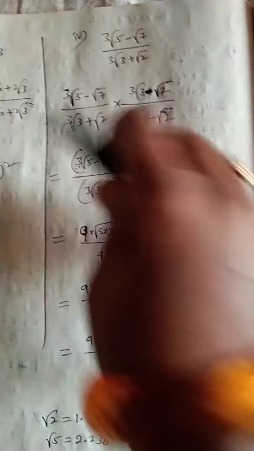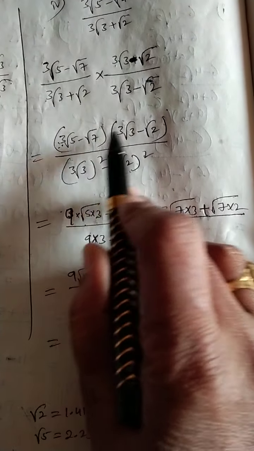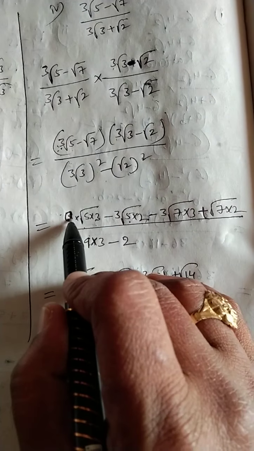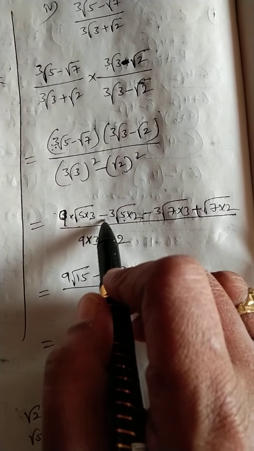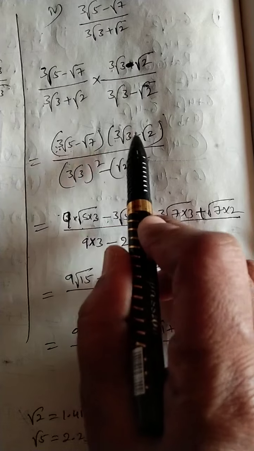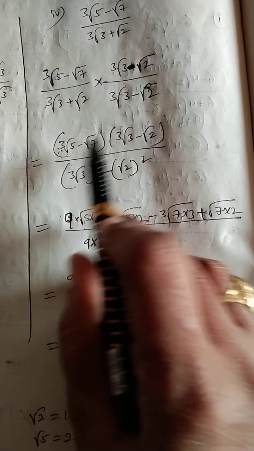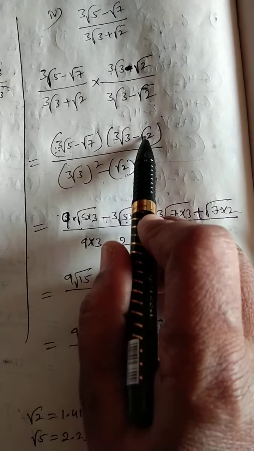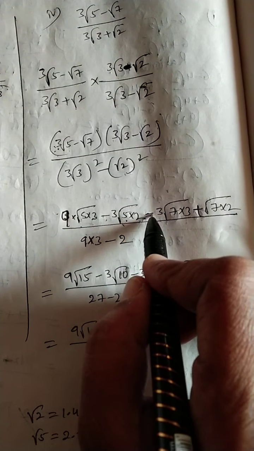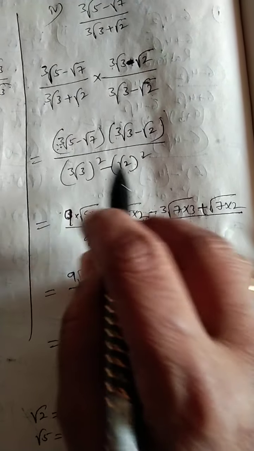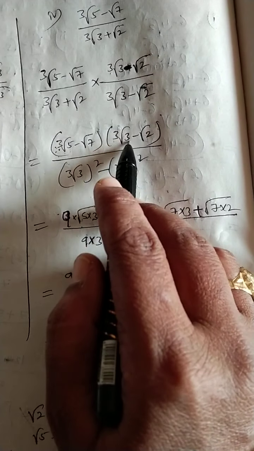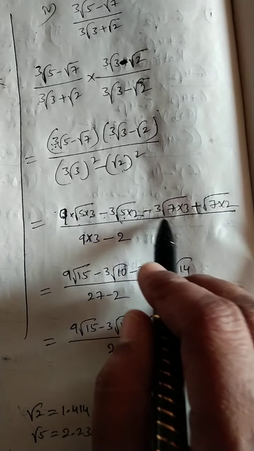Okay, see, 3 3 is a 9, root 5 into root 3. Minus, see here minus is there. Now this number with this number. Okay, 3 root 5 into root 2 minus, here it is minus, and these two numbers, root 7 into 3 root 7, sorry, 3 root 3.